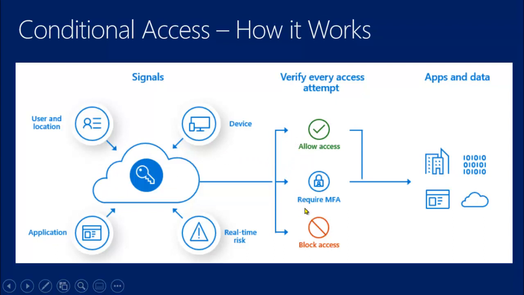And so conditional access sits in the middle to either allow access or block access based on the combination of things that it's seeing from that access request, or require MFA. If you do want to allow access, that's fine, but you can add the additional level of requiring multi-factor authentication for that access to go forward. And then once you satisfy all those requirements, finally, that device, that user gets access to the corporate data that they want, right?